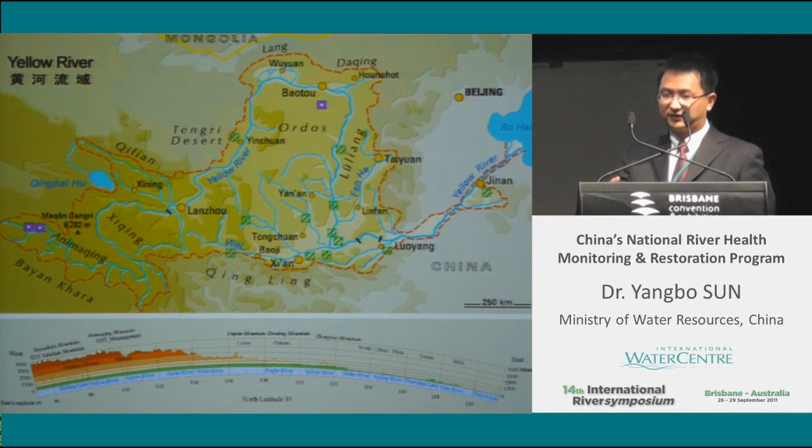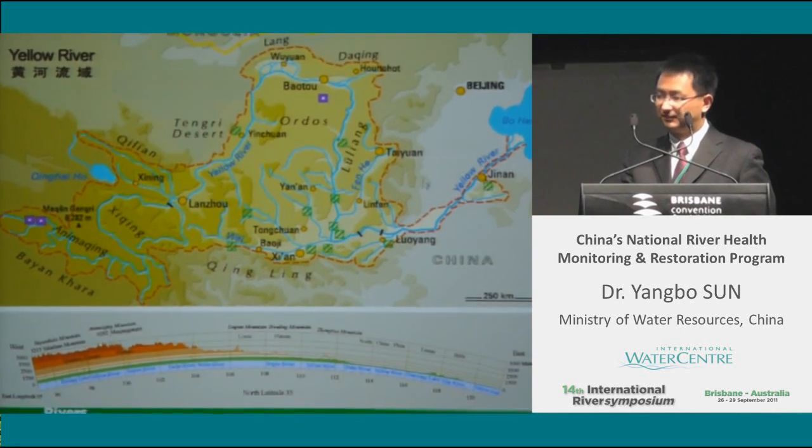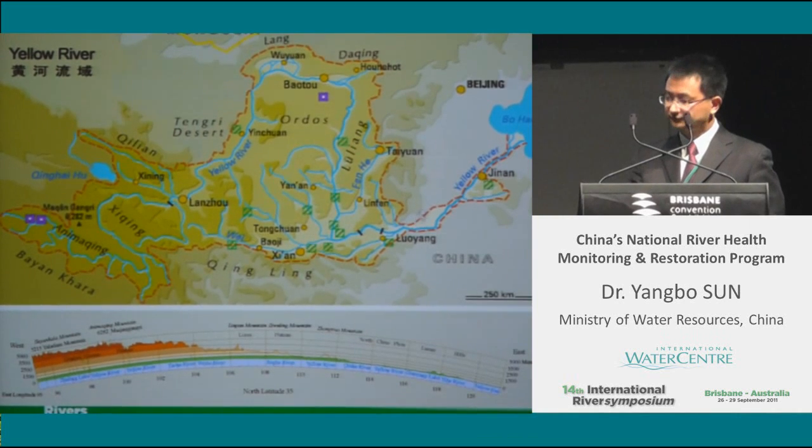You can also find the report card on your table. There is some more detailed information here, starting from the sketch map of the Yellow River Basin. The Yellow River starts from the highland area and empties into the East China Sea. Most of the environmental impact happens in the lower reaches of the Yellow River, which is a very flat area and the most populated area, with many big cities and people living there.